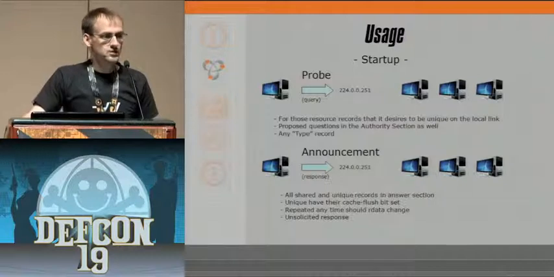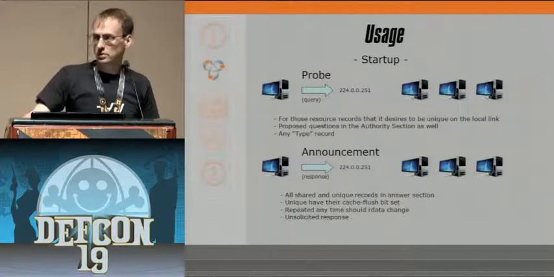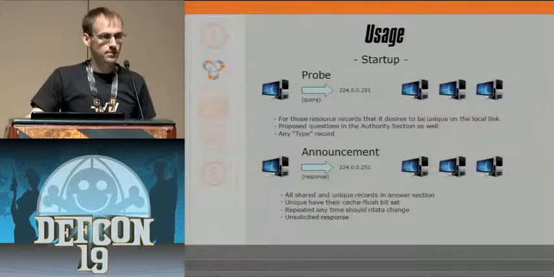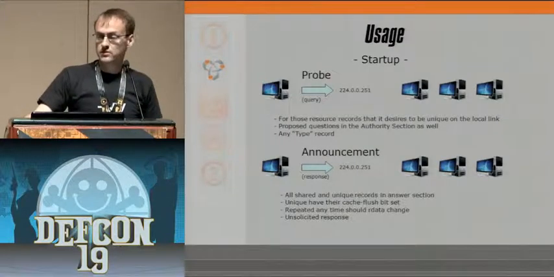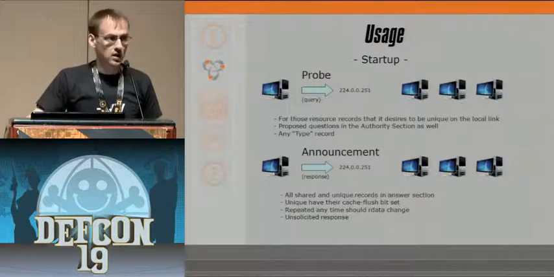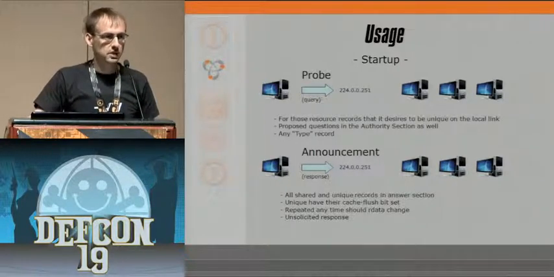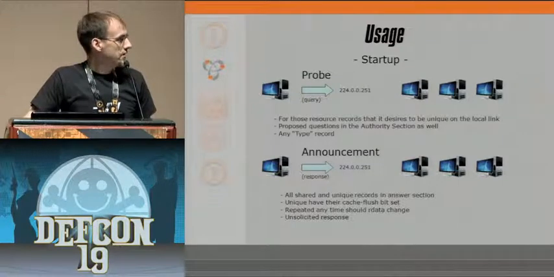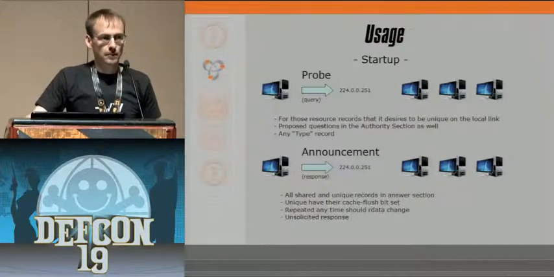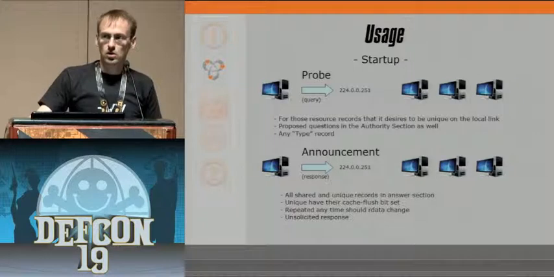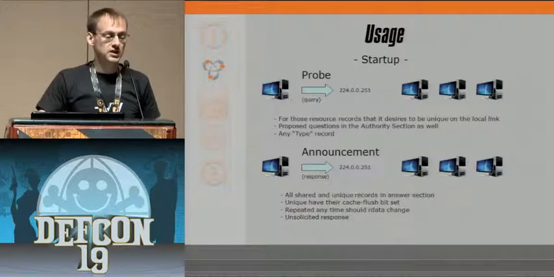So it goes ahead and probes the network very much like a gratuitous ARP to make sure that this record is actually going to be unique. Followed up by an announcement to let everyone on the local community, those participating in the multicast DNS community, know that these are the records that I'm going to be holding, and these are going to be the unique records as well as any shared records. Shared records are very special.